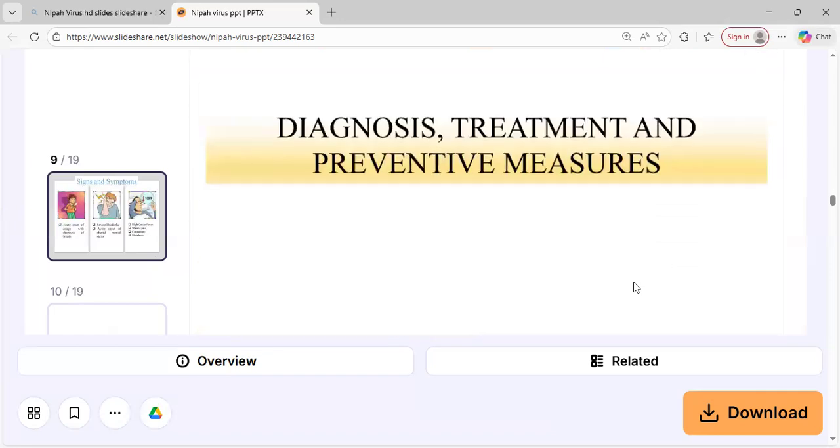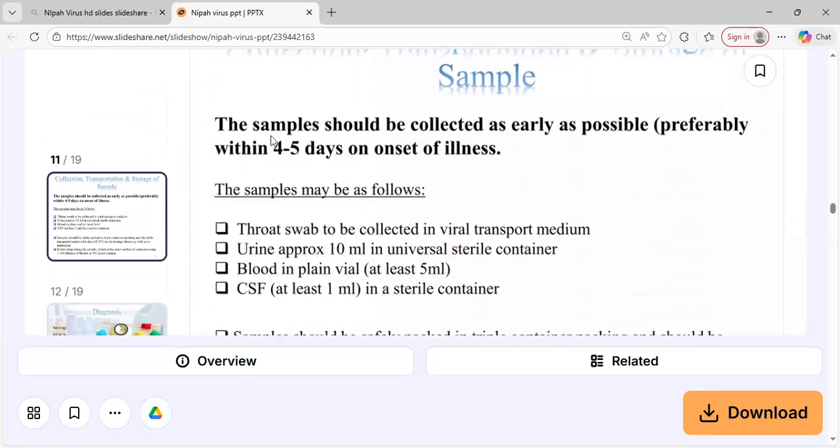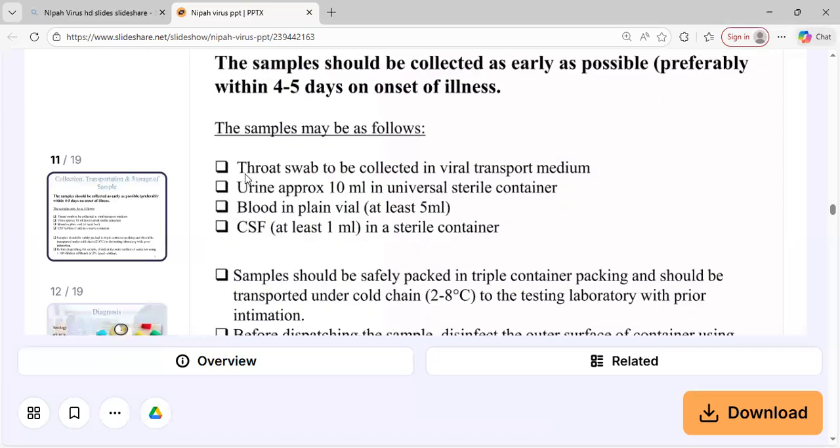For the diagnosis, treatment, and preventive measures, first the collection, transportation, and storage of samples. The sample should be collected as early as possible, preferably within 4 to 5 days of onset of illness. The samples may be a throat swab collected in VTM, that is viral transport medium, and approximately 10 ml of urine in a universal sterile container.